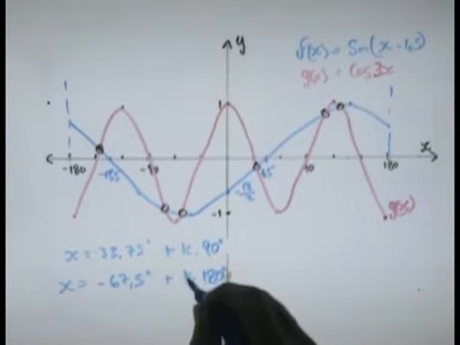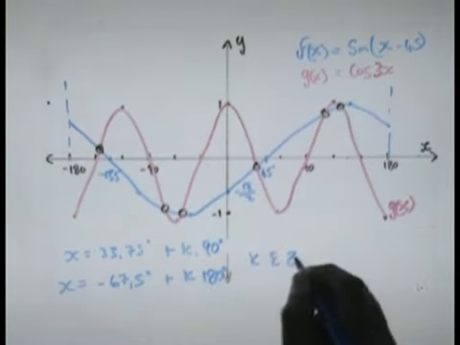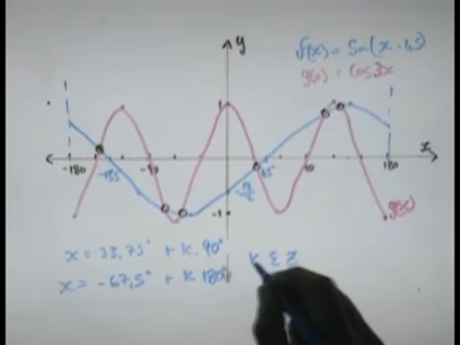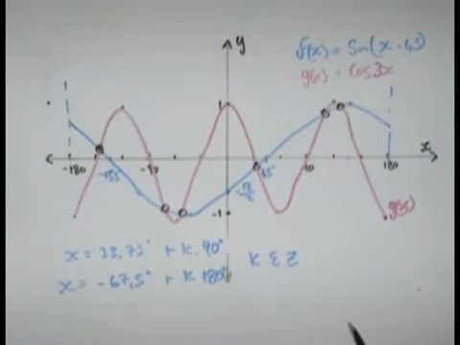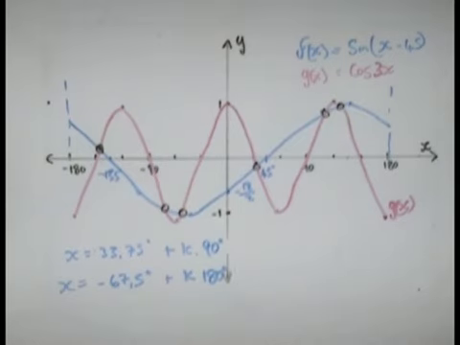The reason it does not have to turn into a negative k times 180 is because, remember, k is an element of integers. Because k is an element of integers, k can be positive or negative in any case. So we don't have to change that to minus k times 180. Now let's look at our possible solutions. The first one being when k is equal to 0.